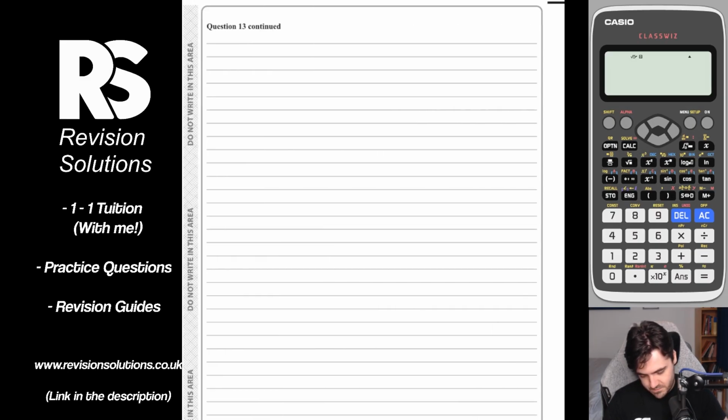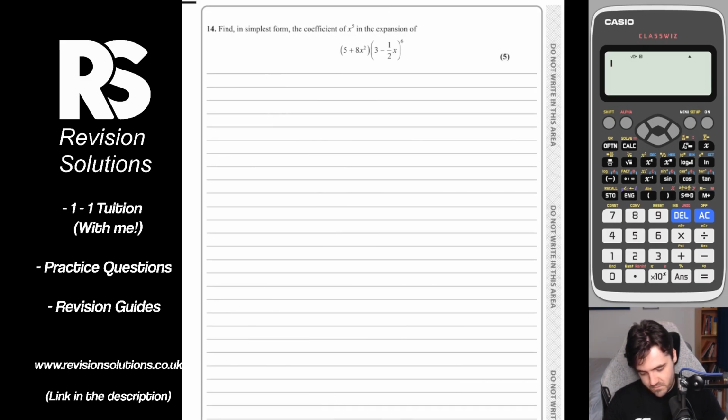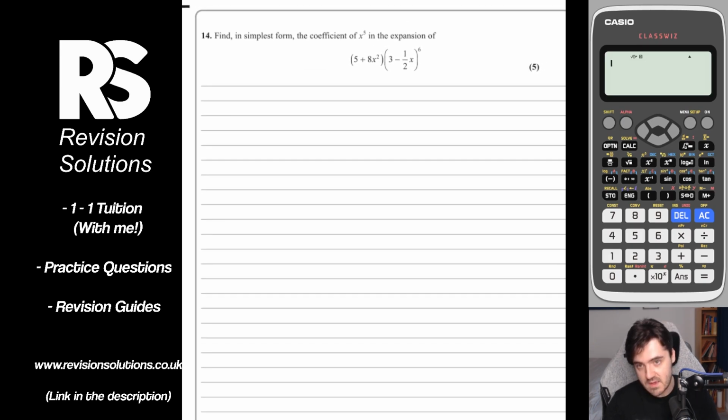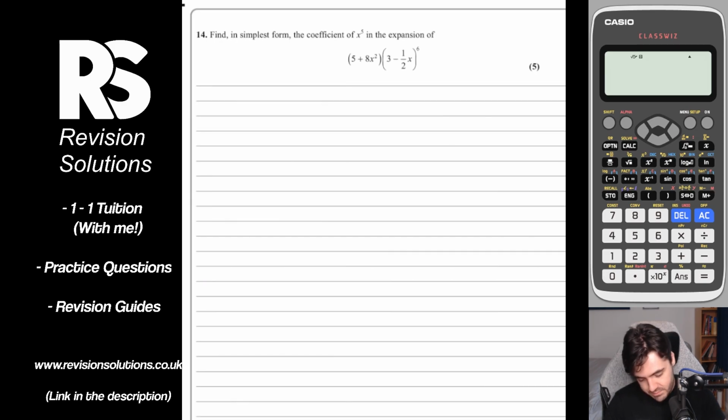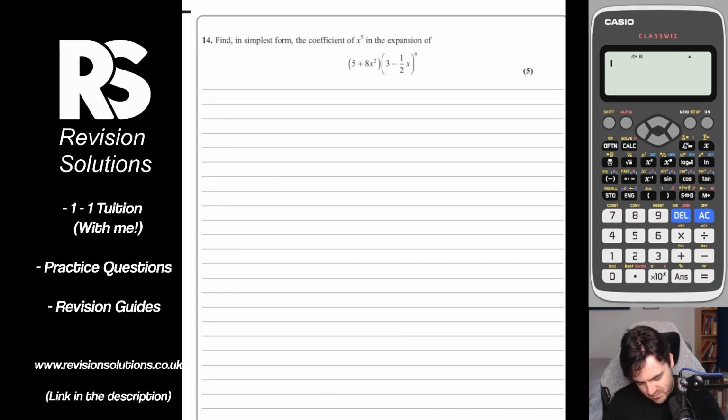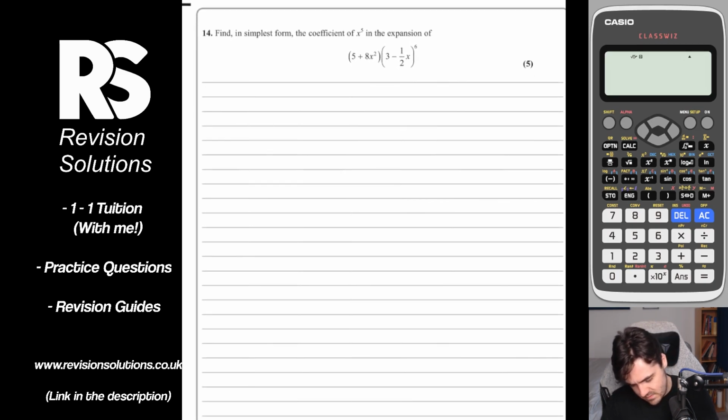Carrying on to question 14, it says, find in the simplest form the coefficient of x to the 5 in the expansion of 3 plus 8x squared times 3 minus a half x to the 6. So if we think about that, we're going to need to use binomial expansion on this, and it's going to start with a constant term and go up through the powers up to the power of x to the 6.